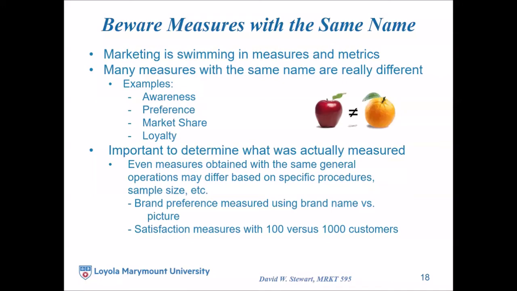So when people are talking about awareness, what do they mean? Do they mean top of mind? Do they mean people have ever heard of it? It actually turns out that top of mind is much more predictive of what people will buy than simple recognition of a brand name.